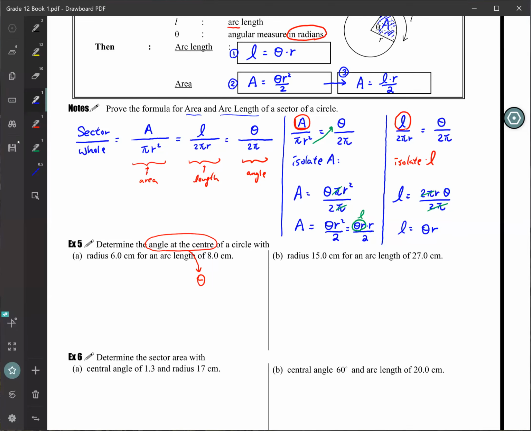Is there anyone having trouble choosing the formula, like doesn't know which one to use?